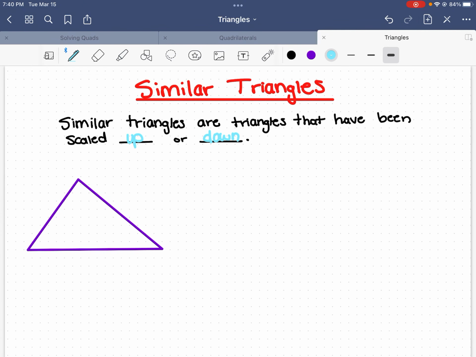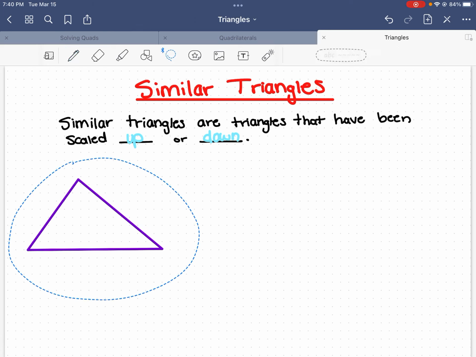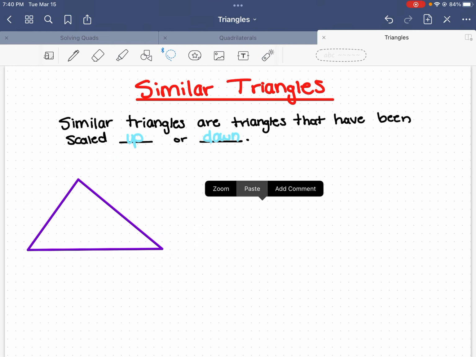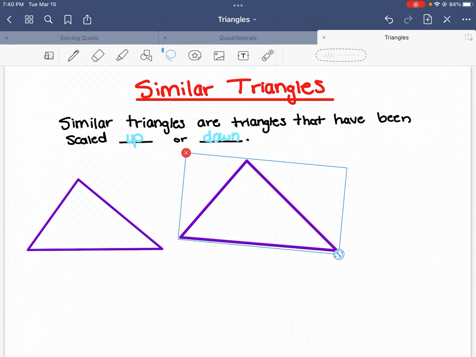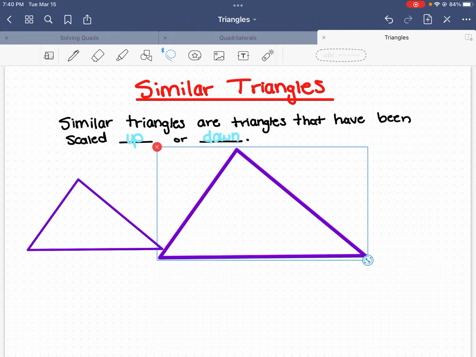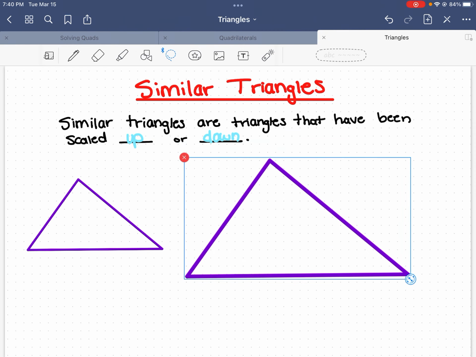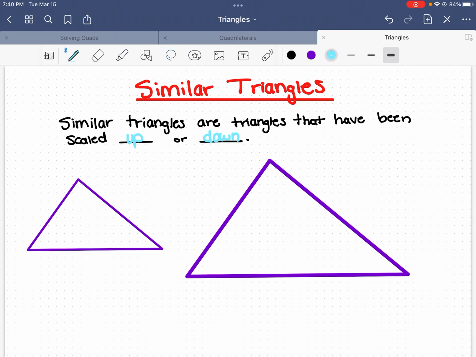I drew this purple triangle over here. If I were to copy this and paste it, but scale it up to twice its size, then these two are similar triangles.